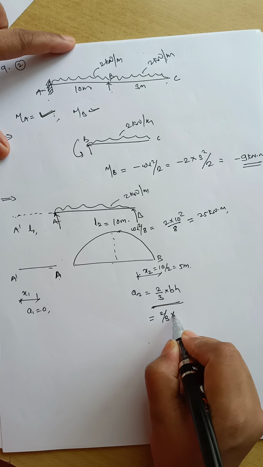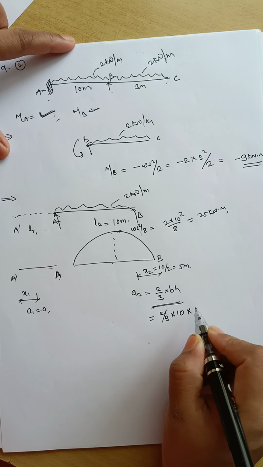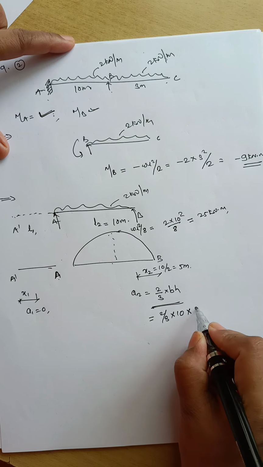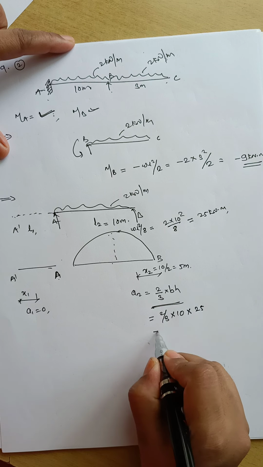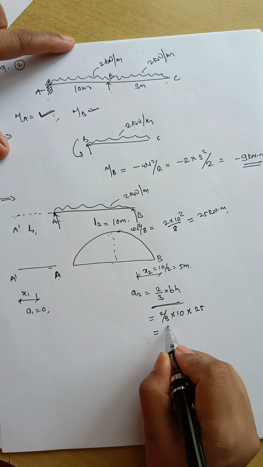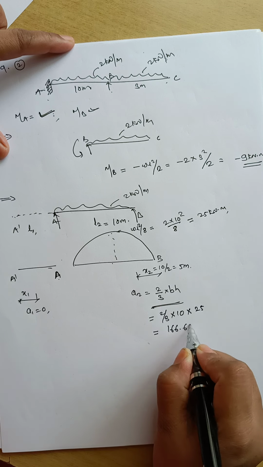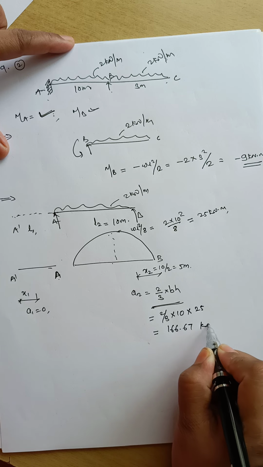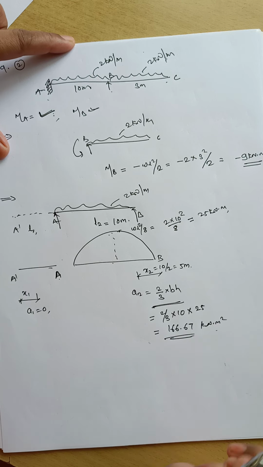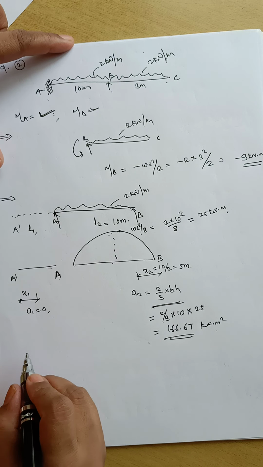So 2 by 3 into 10 into the height of this diagram, 25, the value of that is 166.67 kilonewton meter square. No need to write the unit, but it is for your understanding.